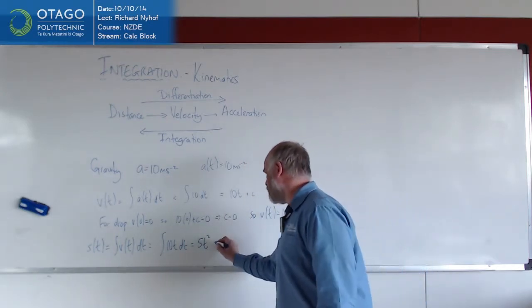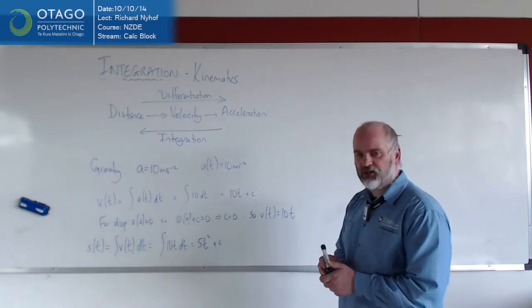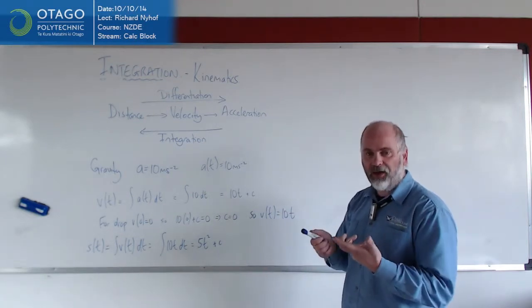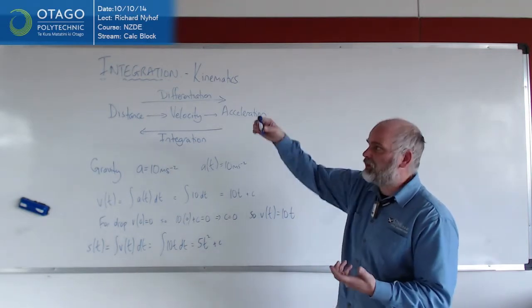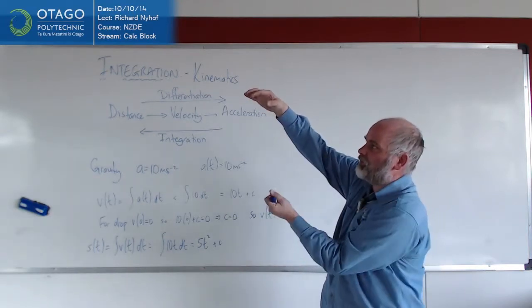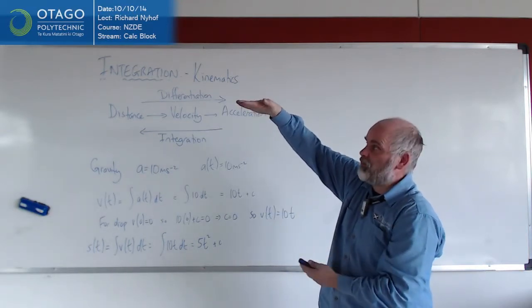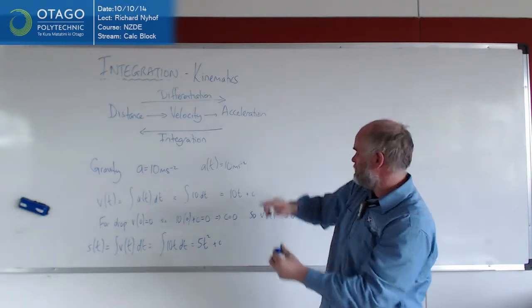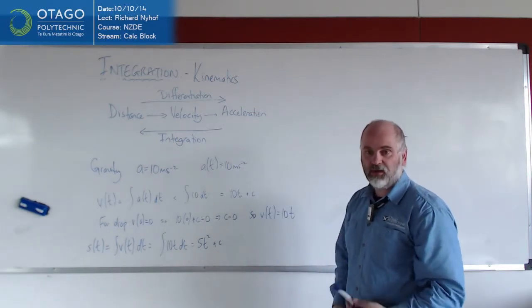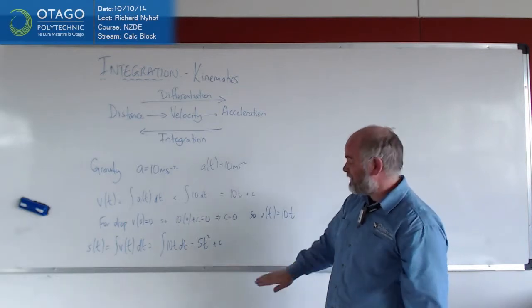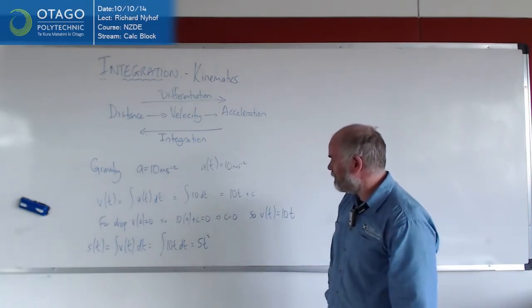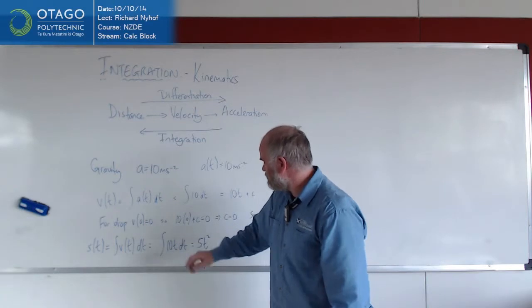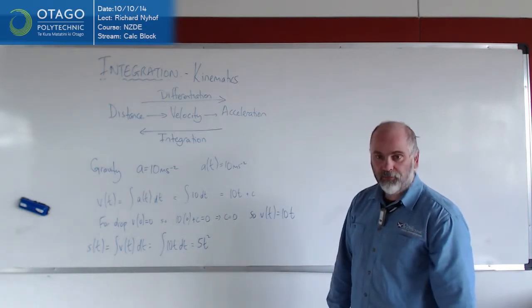Again, plus a constant, but that constant's just measuring how far away it is from the start. If I'm going to take my 0 start as where I drop it from, then that'll be 0. But if I was measuring from here and dropped it from here, then that distance would be the constant. So let's assume we've just dropped it from the start, and we now know the distance is 5t squared. Okay?